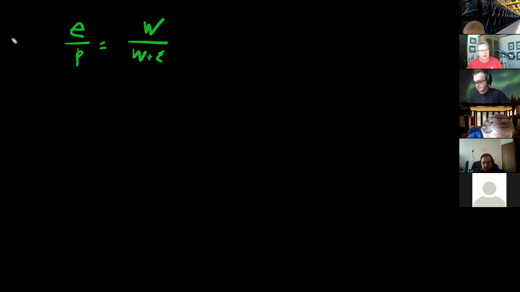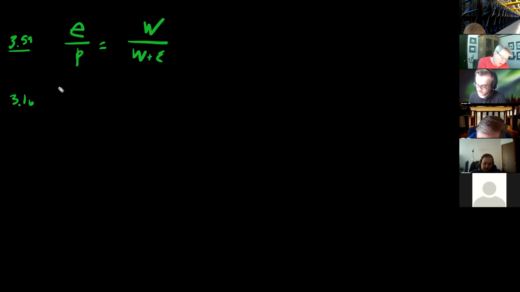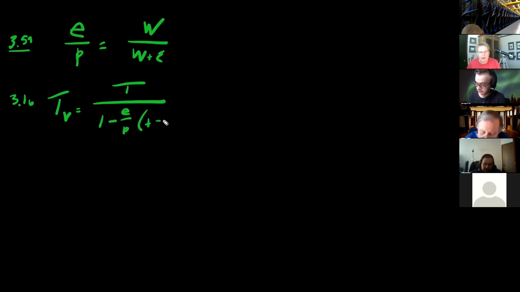So in your notes, you should put something like this is 3.59, and then this is 3.16. So when you're doing notes, you should sit there and go, all right, what is equation 3.16? And you go back and it says, oh, it's the whole definition of the virtual temperature. So you write it out: T_v equals T all over 1 minus E over P times 1 minus epsilon.